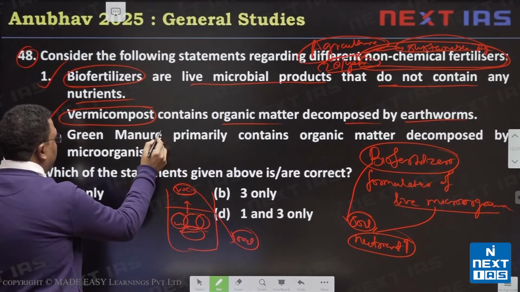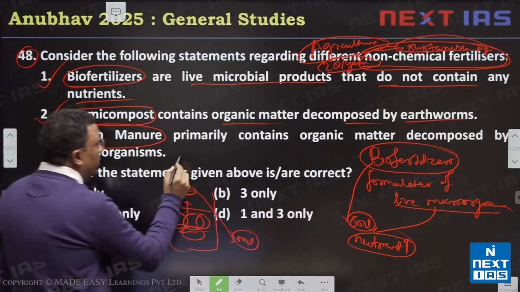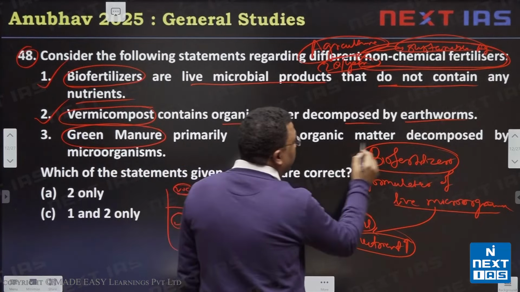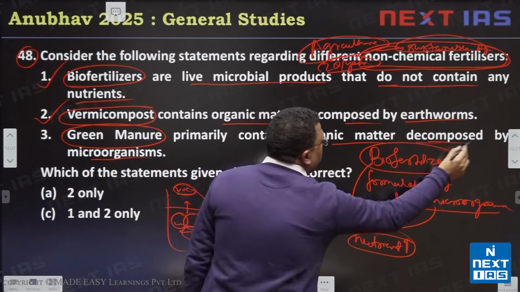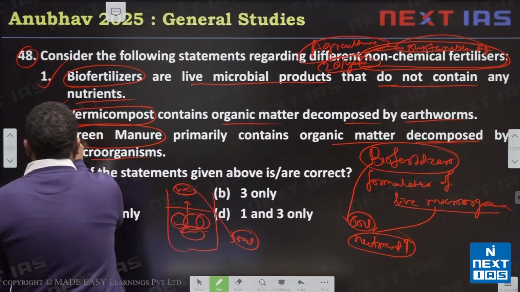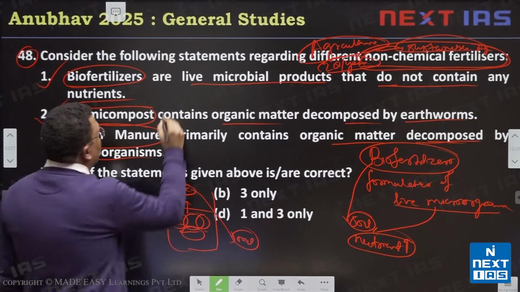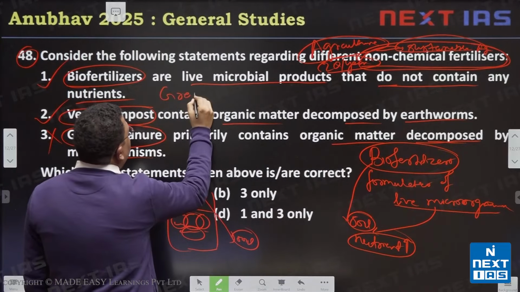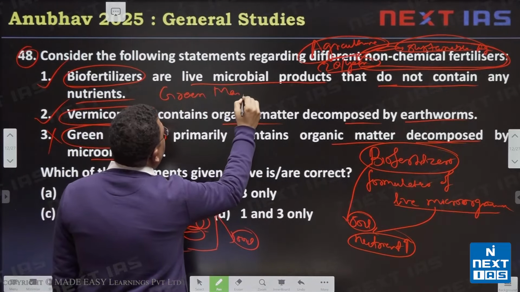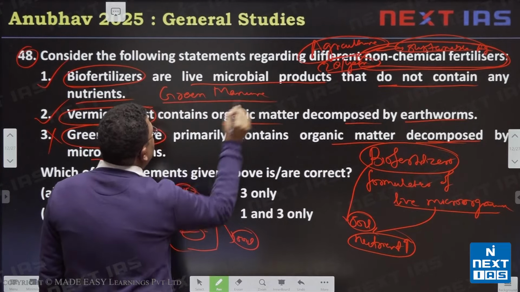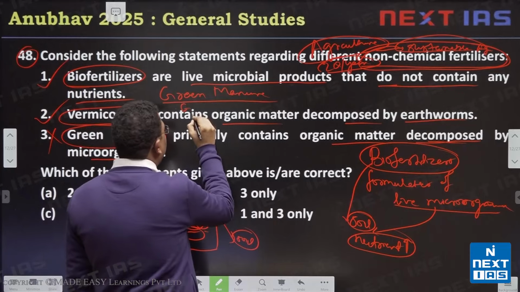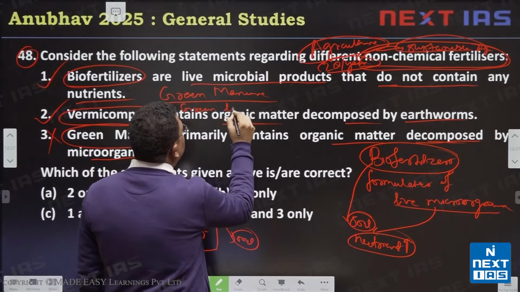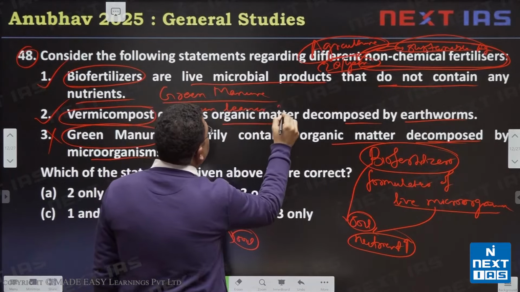Now let's see the third statement. Green manure primarily contains organic matter decomposed by microorganisms, right? So this is not correct. Green manure is basically green leaves and plants, right? In very simple terms, green leaves and plants.